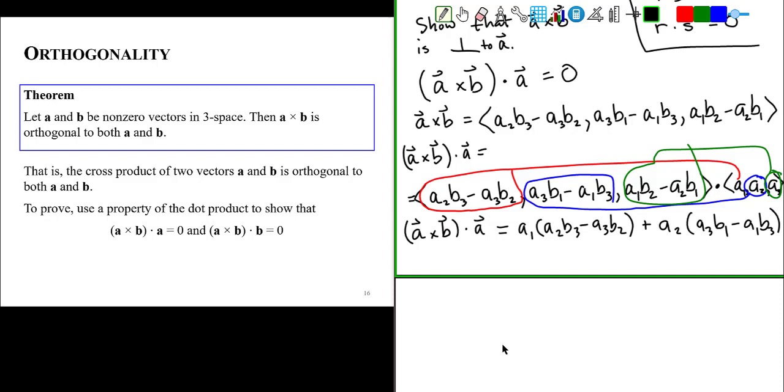The z component will be A3 times the quantity A1B2 minus A2B1.